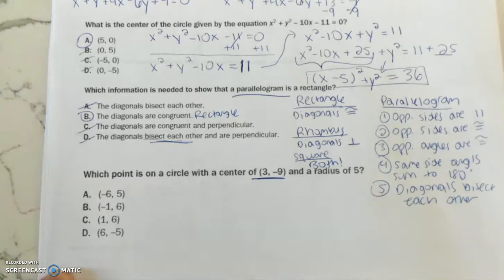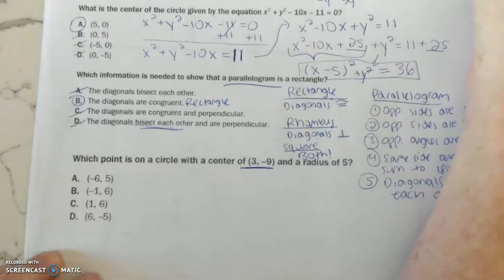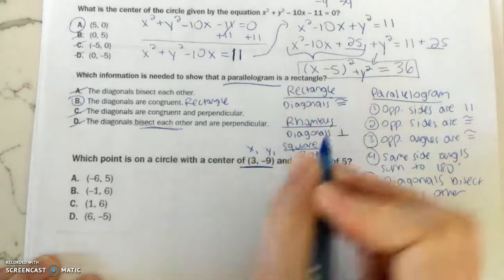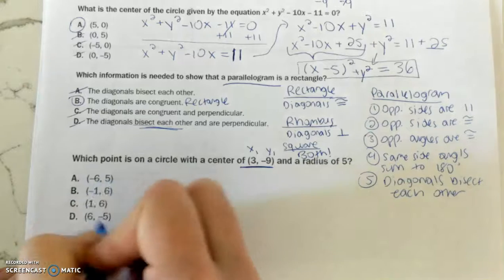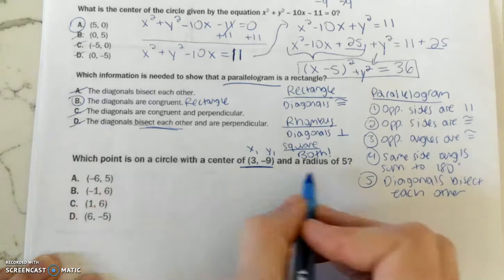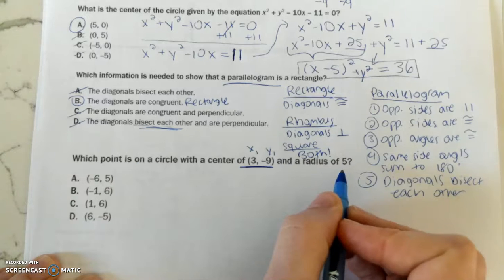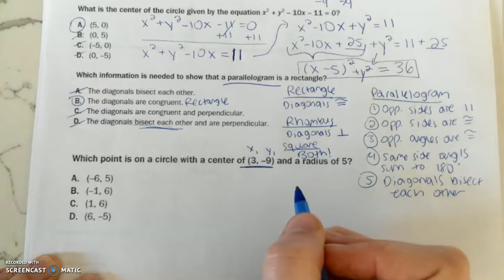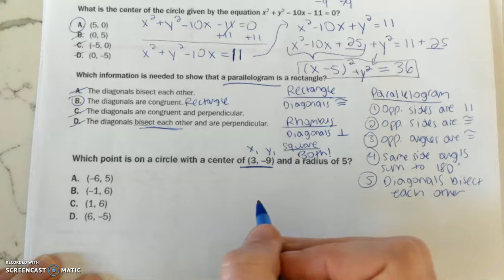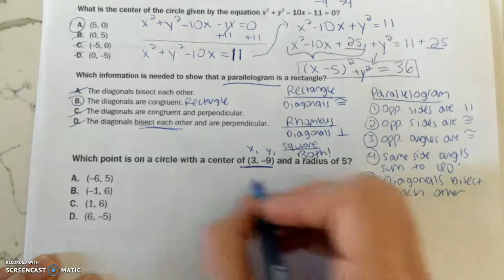So what you can use for this problem is the distance formula. This right here is going to be my x1 and my y1. And these will be my second points to plug into the distance formula. I'll know if the point is on the circle if I get a distance of 5, because that's the radius. Remember, the definition of a circle is that all points are equal distance away from the center. So let's go ahead and try the first one.